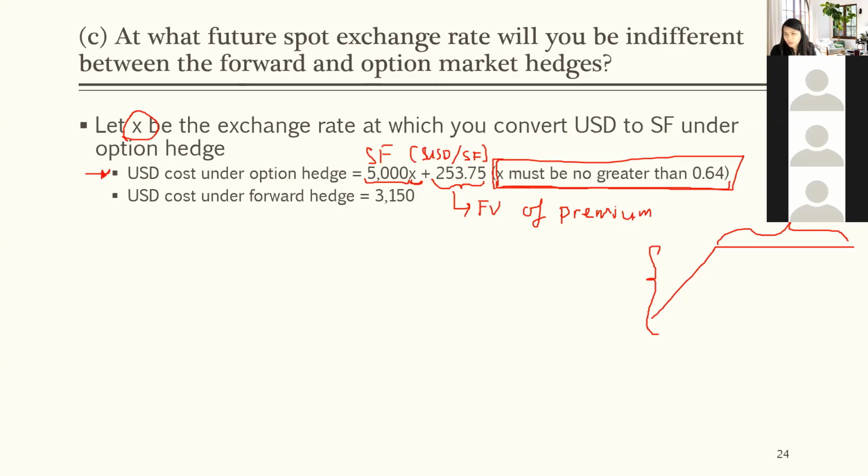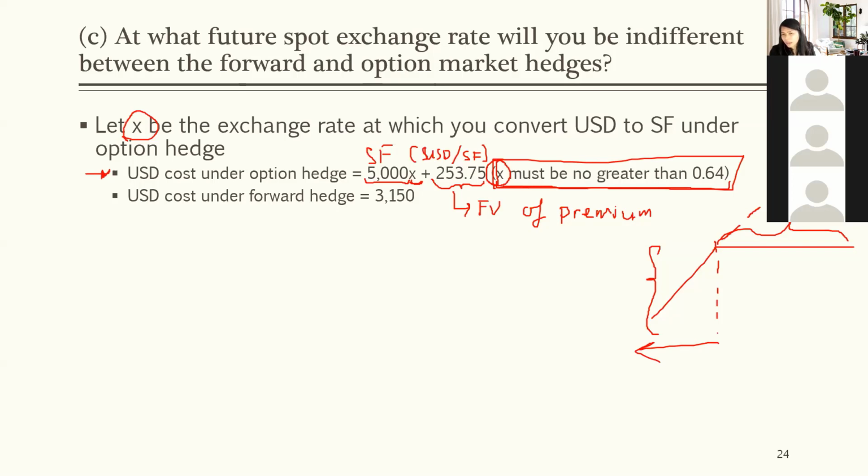As a result, the exchange rate that we use in this function is going to be anywhere from this point to the left. If X is greater than 0.64, then you're looking at this straight line over here.